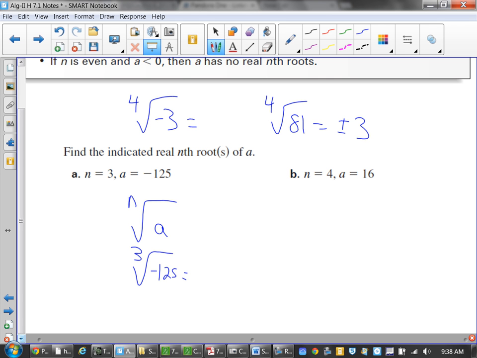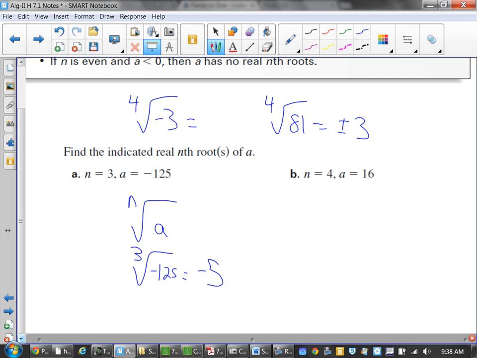Negative 5. Is it going to be plus minus or just regular? Just negative, because it's an odd root. What are 3 numbers you're multiplying together that are the same number to get negative 125?